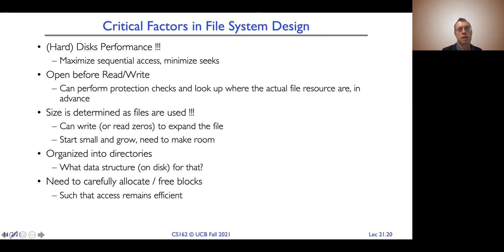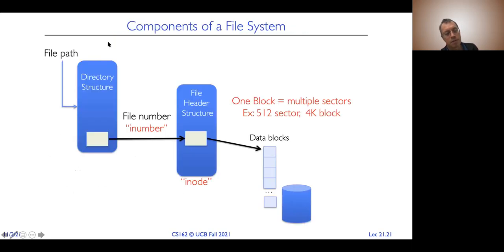When you allocate more sectors on the disk for a file, you want to allocate them contiguously. Why is that? Because when you read the data, if it was written on a bunch of contiguous sectors, you maximize sequential accesses, sequential reads in this case, which improves performance.